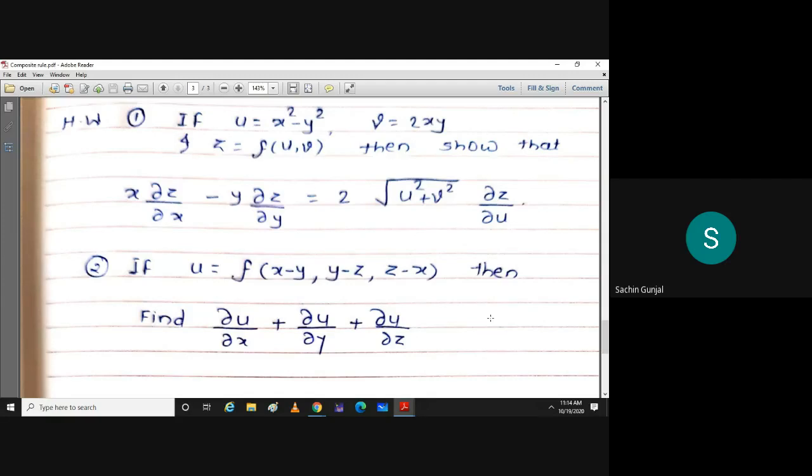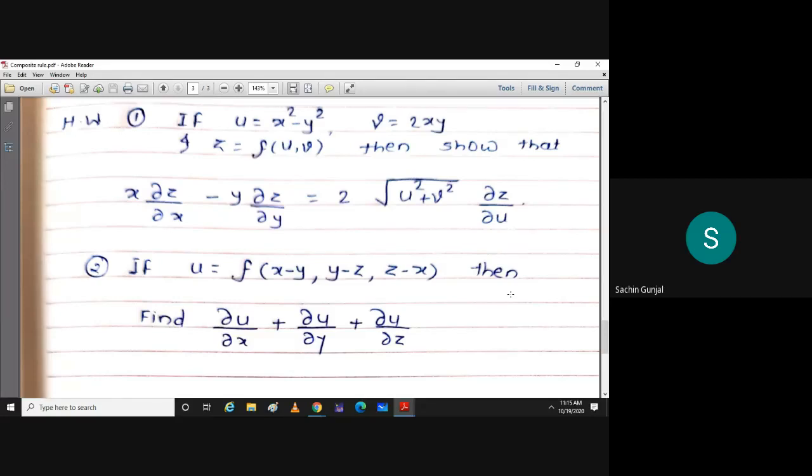You got the hint? Yes, sir. Okay. So can you repeat once? x minus y is r, y minus z is s, z minus x is t. Okay, sir. Got it. So u is a function of r, s, t and r, s, t are functions of x, y, z.